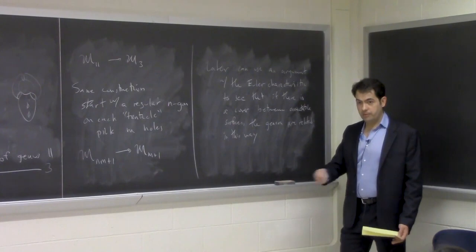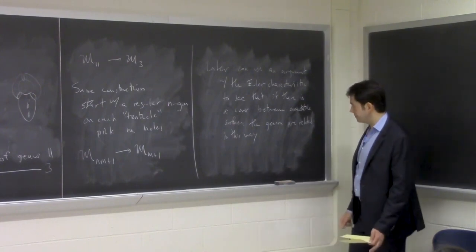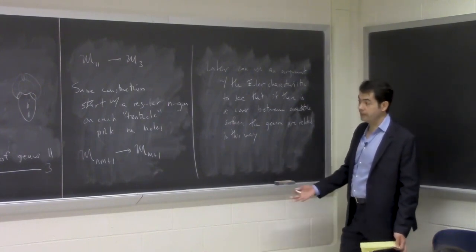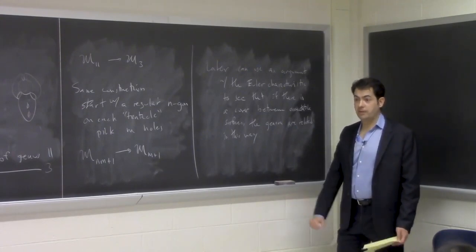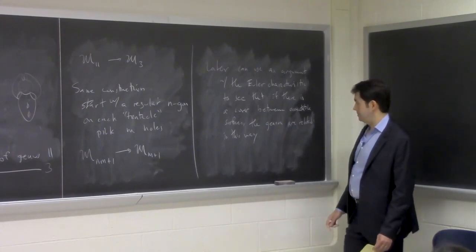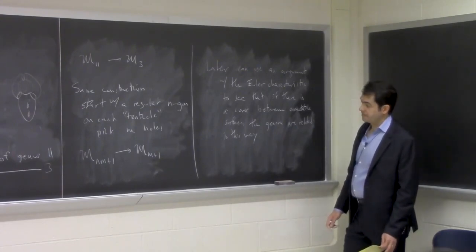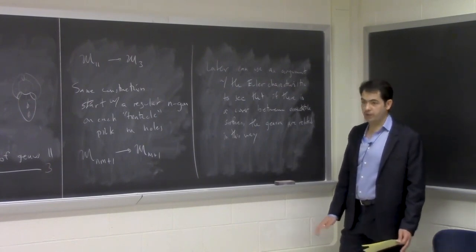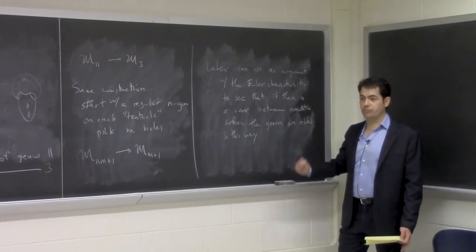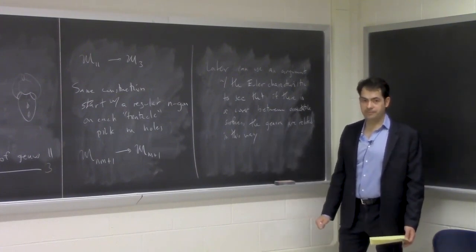And then you count in this alternating way. It turns out that the number you get is a topological invariant, and it behaves very nicely with respect to covers. And so you can use it to figure out the genera.